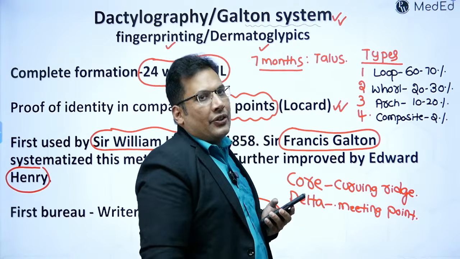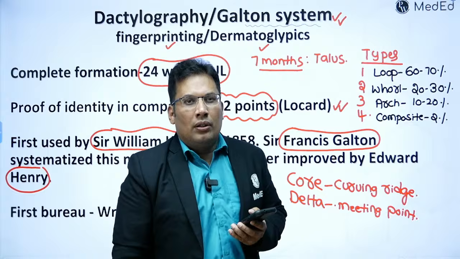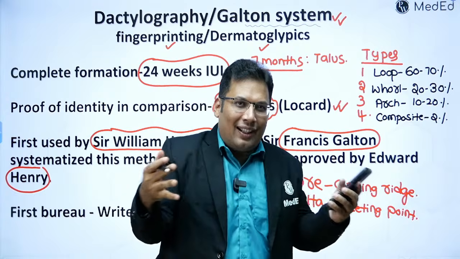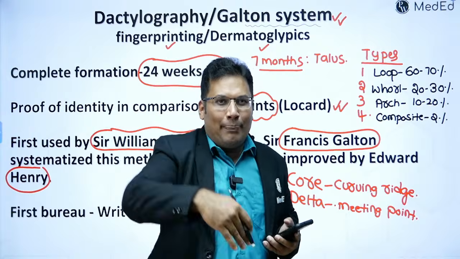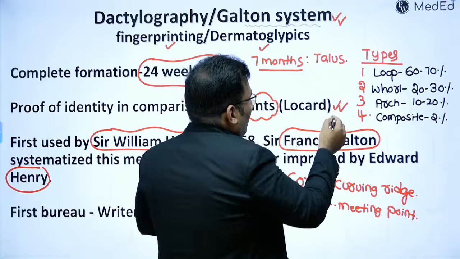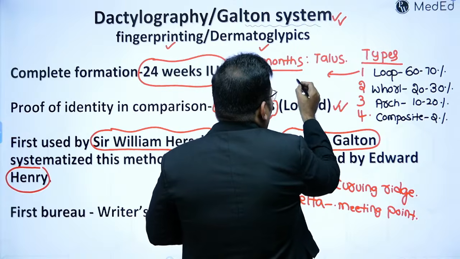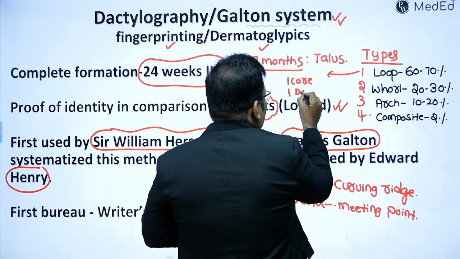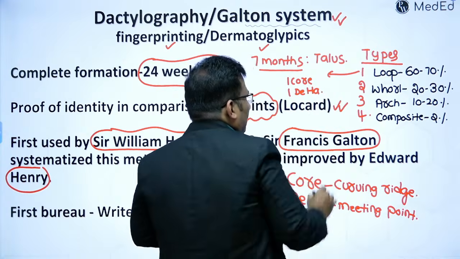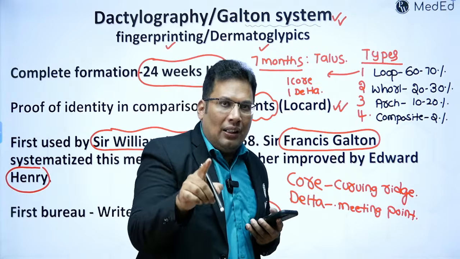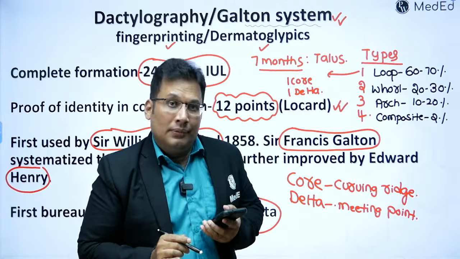Very commonly asked. Delta means meeting point. Delta is a coffee point. So curving point basically known as core. In case of loop, there will be one core, one delta. लूप में आपको एक कोर मिलेगा, एक डेल्टा मिलेगा, ठीक है?